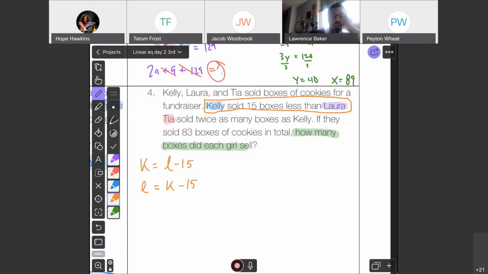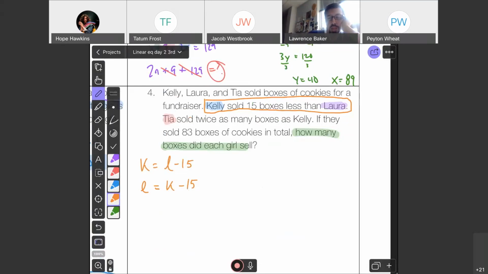Why do we need to know what Laura sold in order to know what Kelly sold? Is that what you're trying to say? I don't really know how to explain it, but I think we could actually use that. The one I wrote? Yeah. Okay.